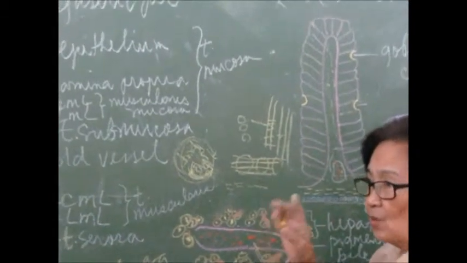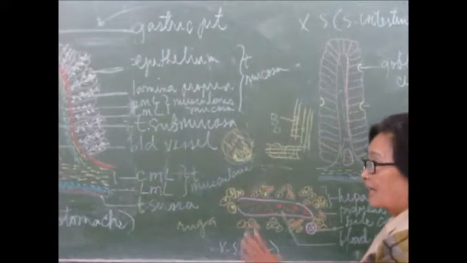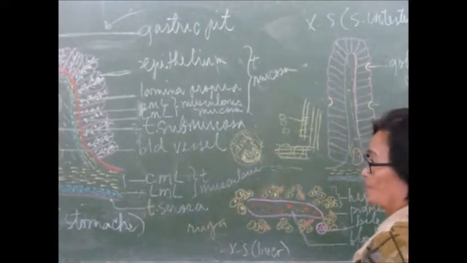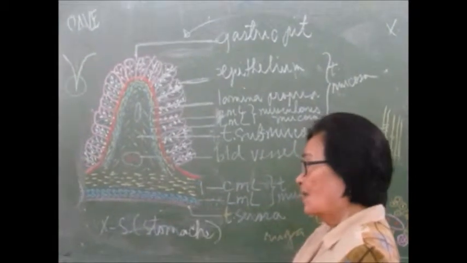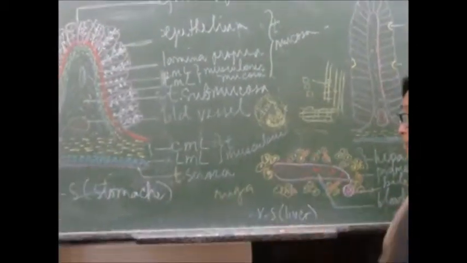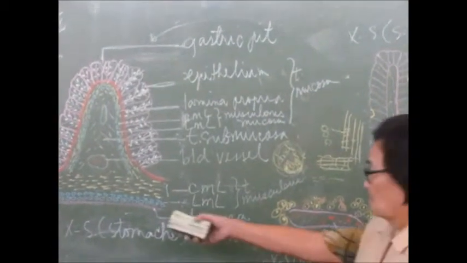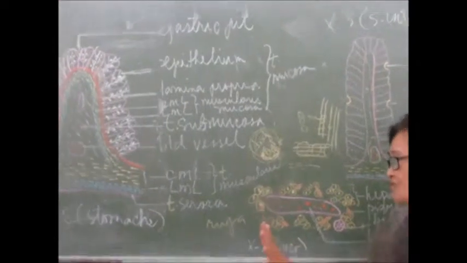That is why you have to pay attention to our pre-lab. Before we explain, you will say that this is the circular because of the shape, but that is not so.